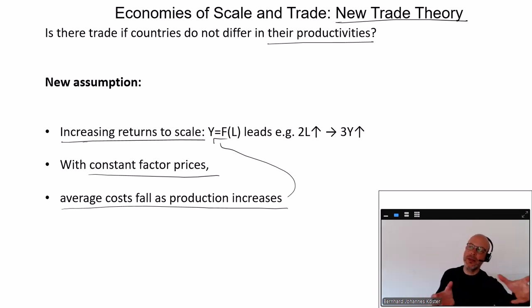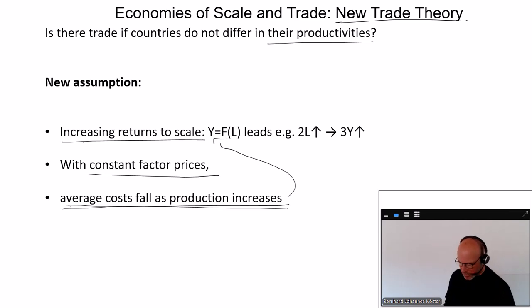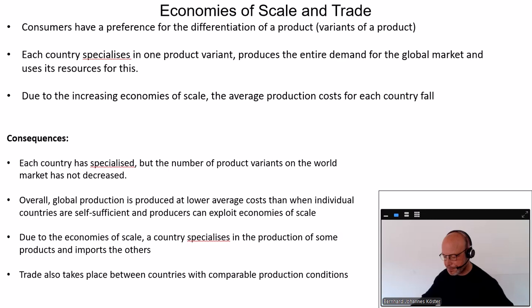So we can produce the same output with less input, or the other way around, using the same input and constant factor prices, so with the same costs we can now produce more output, and this translates into falling average costs in production. So please keep this in mind.